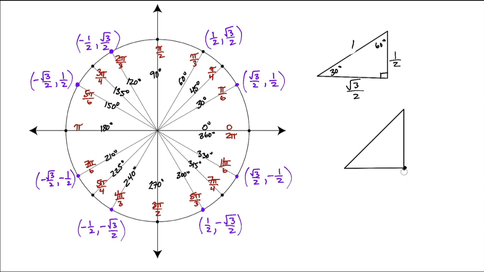And we know that in a 45, 45, 90 triangle, we typically write it with 1s on these sides and a square root of 2 on this side. But we know that this corresponds to the radius of the circle, which needs to have length 1. So just like up here where we divided by that length, we have to take each of these sides and divide by the square root of 2.